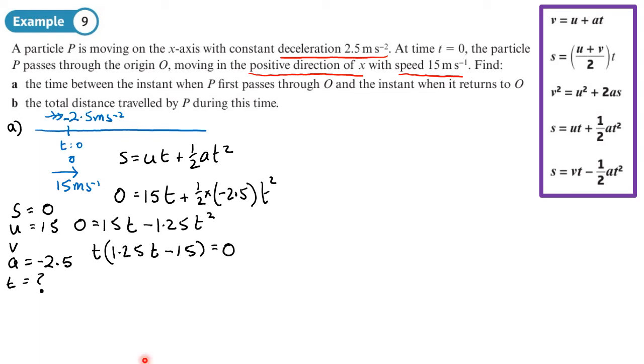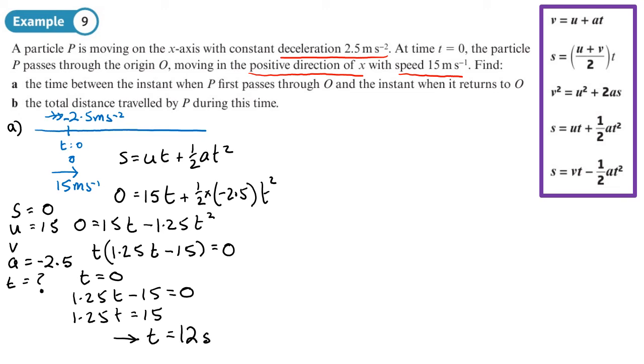So basically I've just moved both these terms to the other side, so that becomes positive, that becomes negative, and then factorized it. So from this, either t equals 0, which we know is the first time it passes through O, but when it returns to it, that will be when 1.25t minus 15 equals 0, or 1.25t equals 15, which will mean t equals 15 divided by 1.25, which gives us 12. So it will return to the origin after 12 seconds.